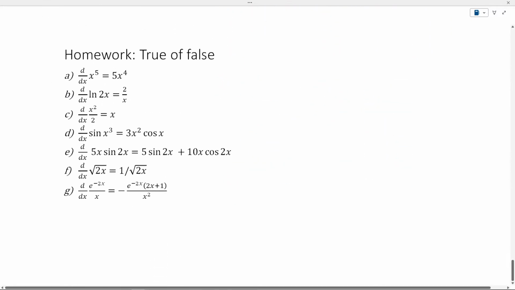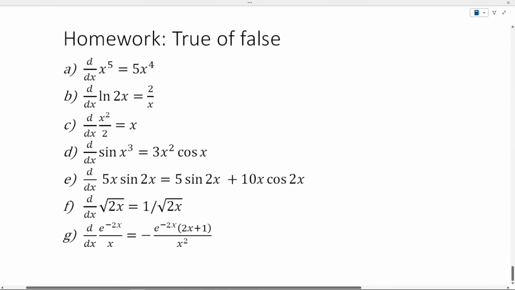Okay, let's look at your homework problem. By now this should be trivial, and if something like this is still not clear to you, then please watch all these videos again. If the videos are not clear, check any of your mathematics books. If your mathematics books are unclear, check other YouTube videos.